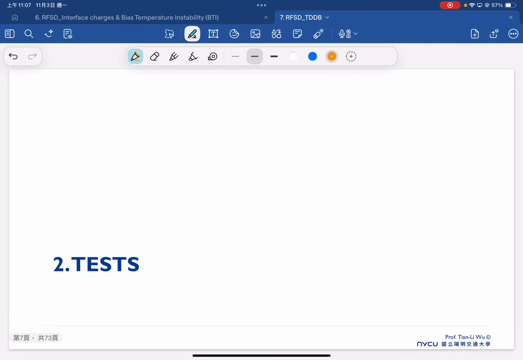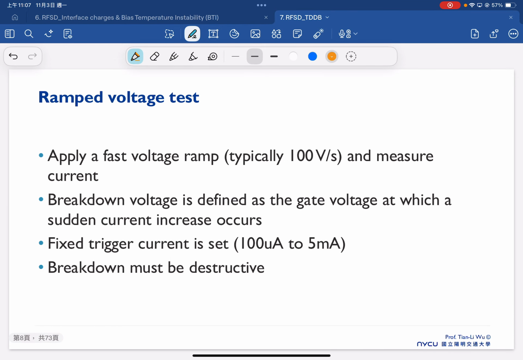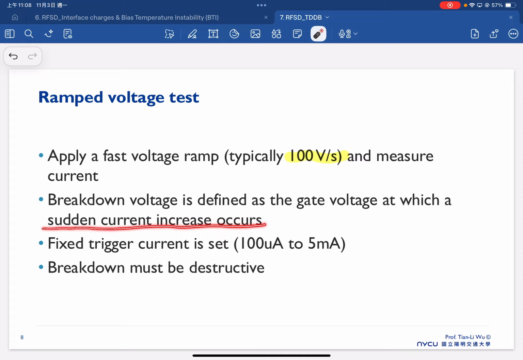So how do we do the test? Normally we conduct what we call the ramp voltage test. We apply a very fast ramp, for example, 100 volt per second, to measure the current here. And then the breakdown voltage is defined as the gate voltage at which a certain current increase occurs.